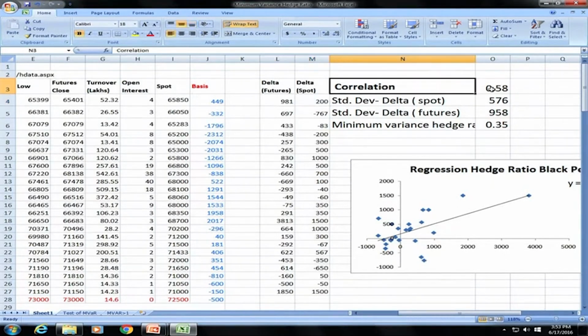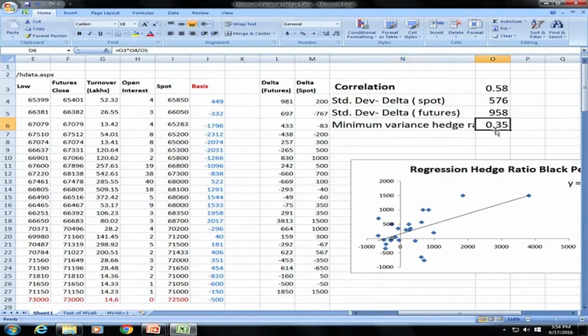So if I calculate this, the correlation between the black pepper delta spot and delta futures indicates 0.58, and standard deviation of delta spot is 576, standard deviation of delta futures is 958.